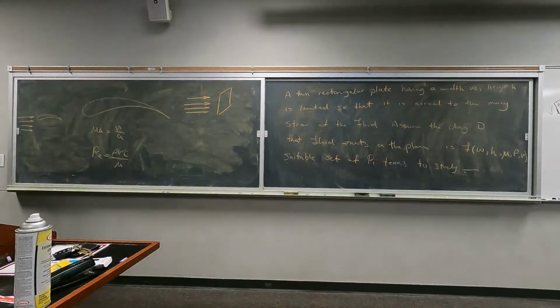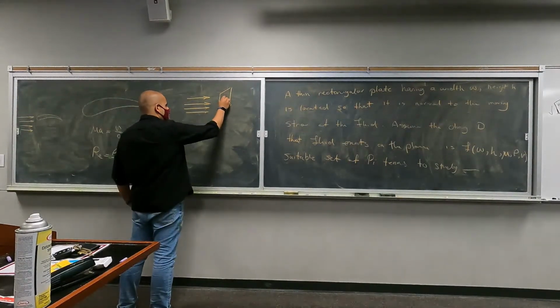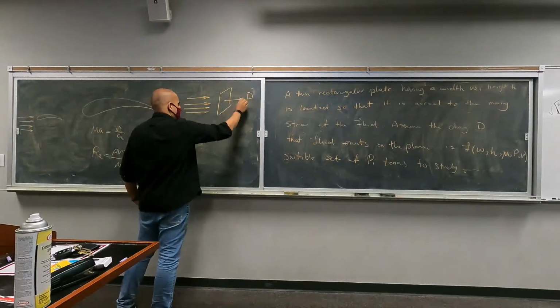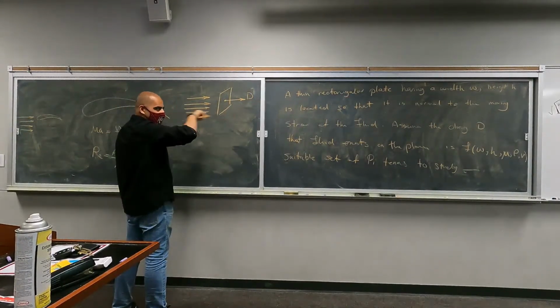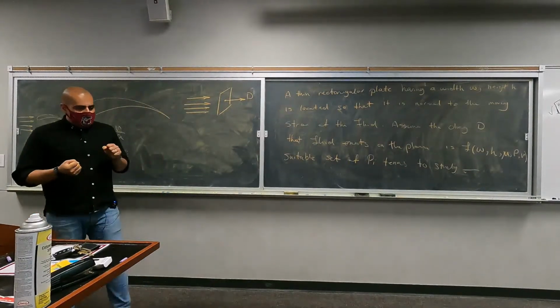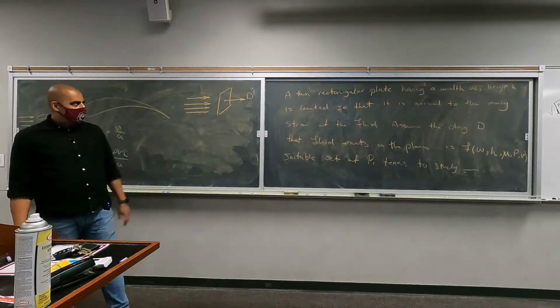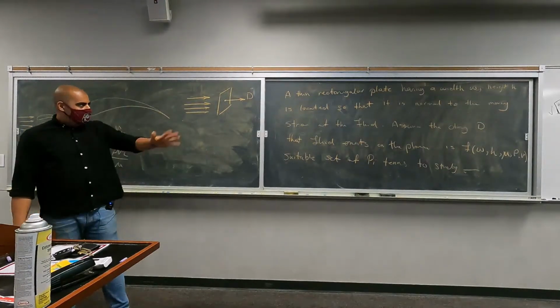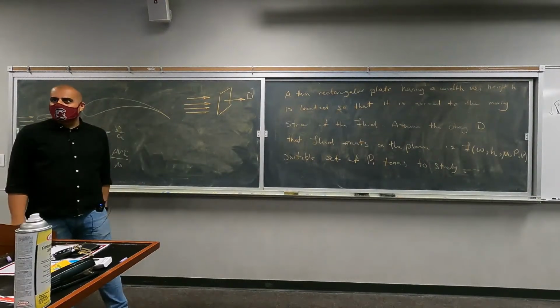So drag, if you want to become a little more mathematical, is the force that is being exerted on the plate by the flow in the direction of the flow, right? So essentially, if you have this type of flow, you are pushing the plate back, and that force that you are exerting on the plate is called the drag force.